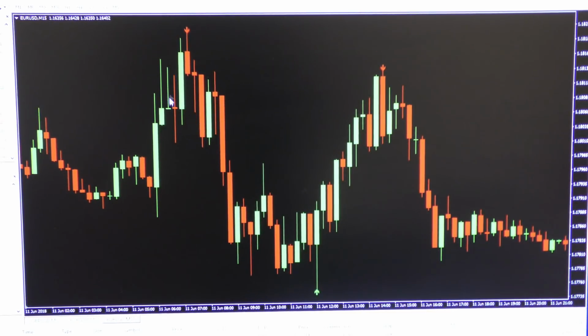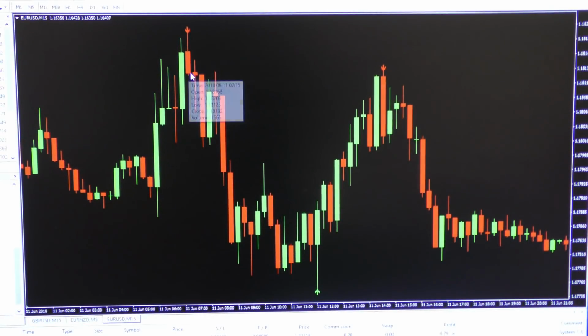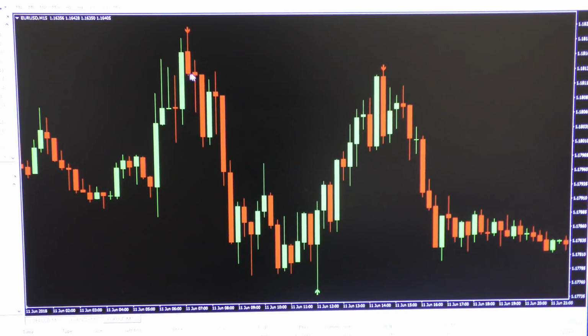So these arrows tell you to buy. You don't need any other indicators. Now once you get this red arrow, let the candle close. Once the candle closes, you open a trade, you sell at the open of the next candle, which is this one.